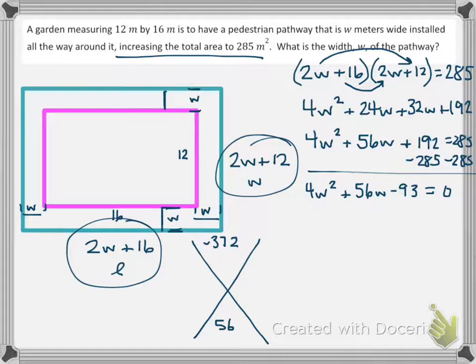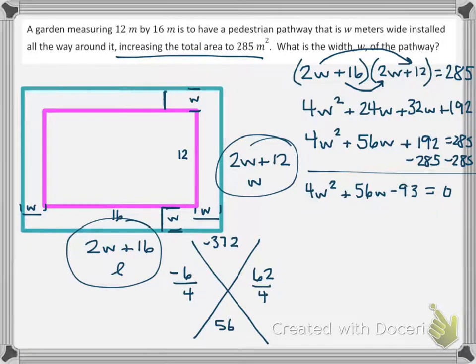Well, it turns out that 6 times 62 is 372. I want it to be negative, but I want when I add to be positive. So it's going to be a negative 6 and a positive 62. And then my A value is a 4.